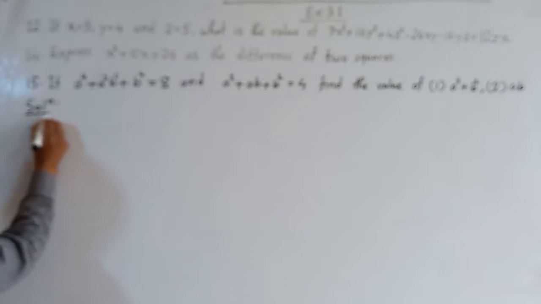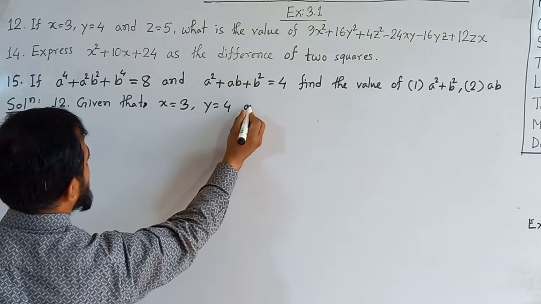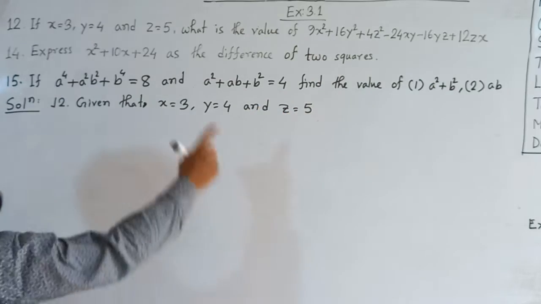The solution of 12. Given that x is equal to 3, y is equal to 4 and z is equal to 5. Now we need to find out the value of that expression.